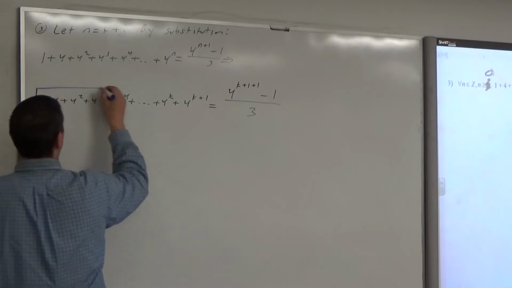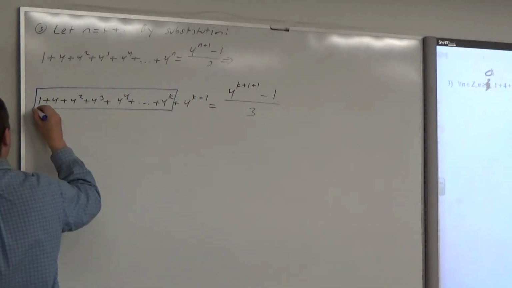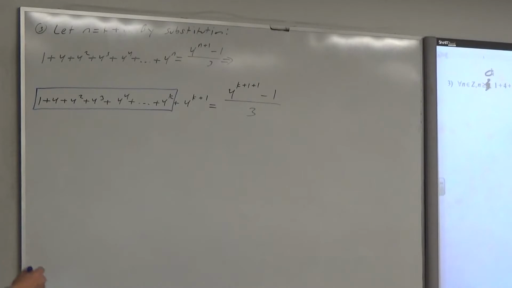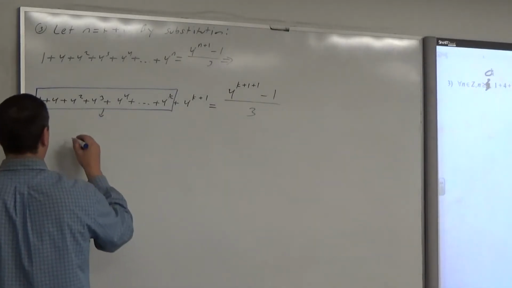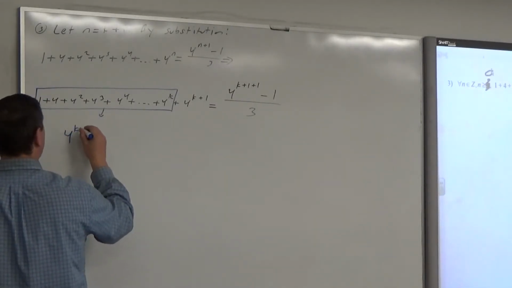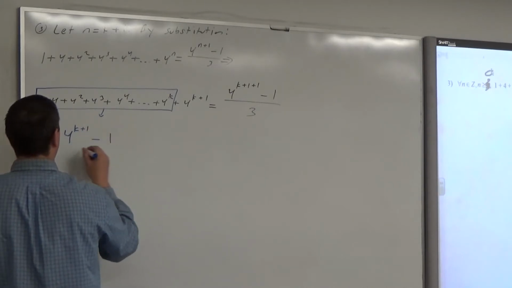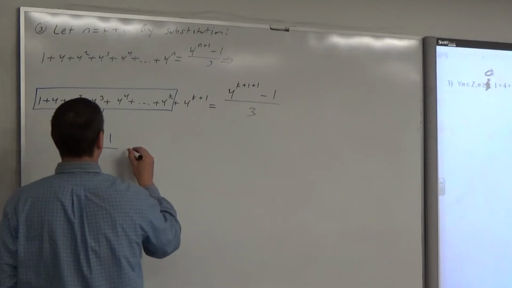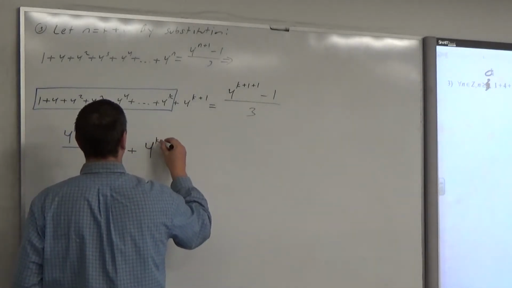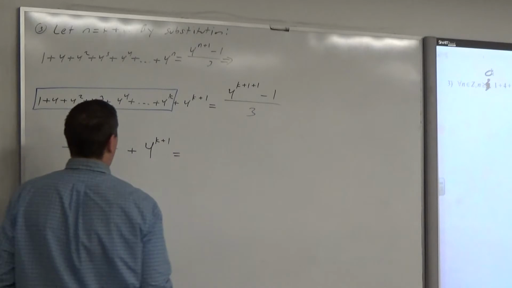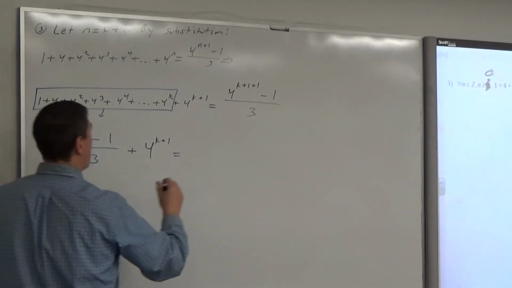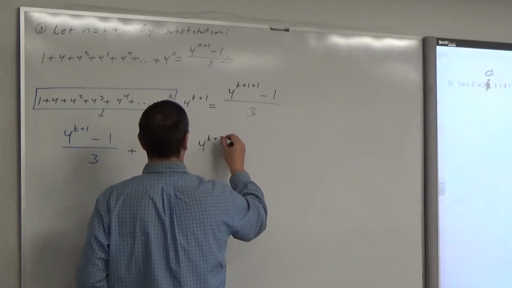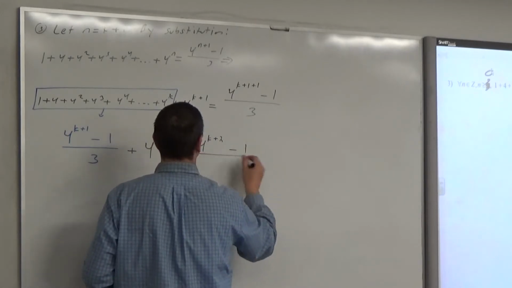So, all of this mess, by the inductive hypothesis, is going to become 4 to the k plus 1 minus 1 divided by 3. We still have that 4 to the k plus 1 from before. And then that's going to be equal to 4 to the k plus 2 minus 1.